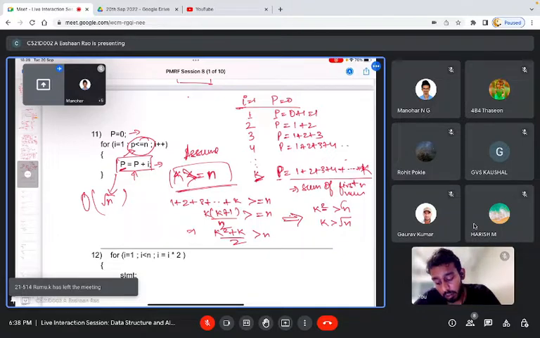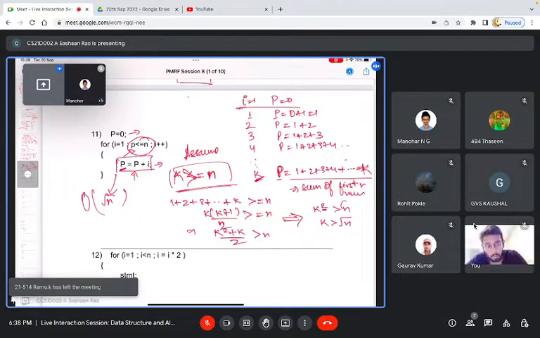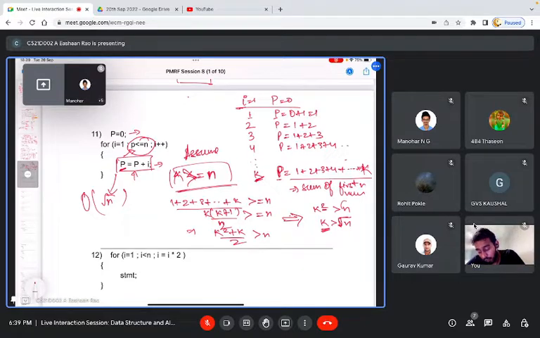So at k point when we stop, we find that it's a sum of first k numbers, and when we expand it, we find that k value is nothing but some root of n value, and that's why the time complexity of this particular function will be order of root n. Okay, any doubt with respect to this question?